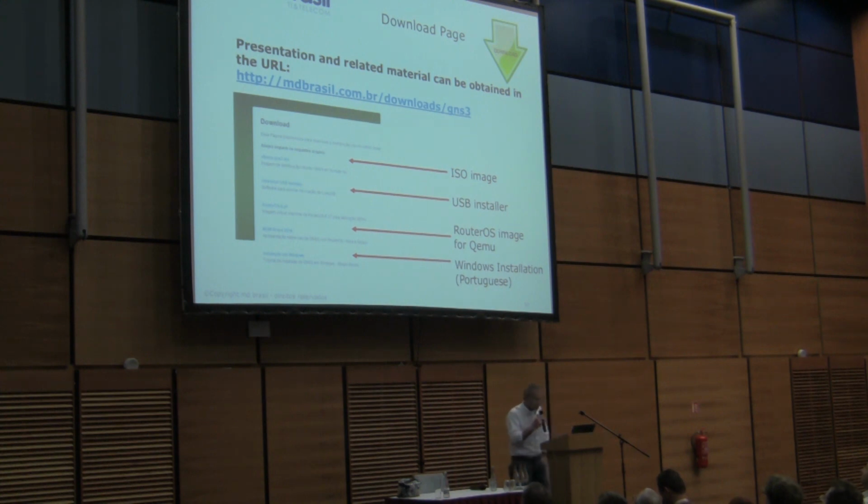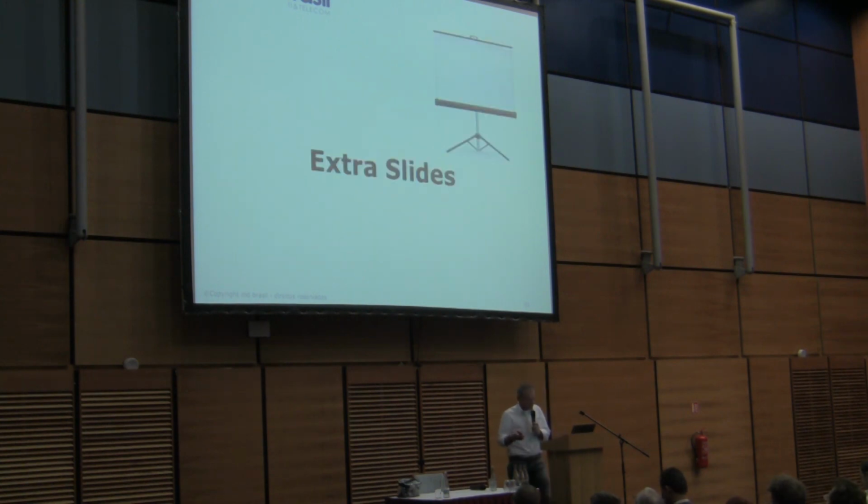The presentation and related material can be obtained at this URL. Here we have the ISO image, the USB installer for Windows, the RouterOS image, and the tutorial for installation on Windows. This tutorial is in Portuguese, but I think the pictures are enough to understand.